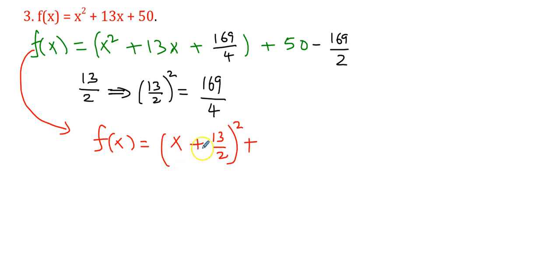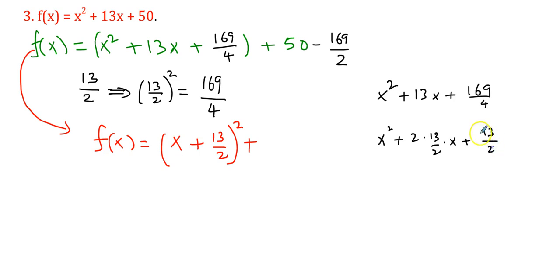So this x plus 13 over 2 whole square is obtained by following the same procedure that we applied earlier, like x square plus 13x plus 169 over 4 is nothing but x square plus 2 times this 13 over 2 times x plus 169 is what? 13 square. 4 is 2 square.